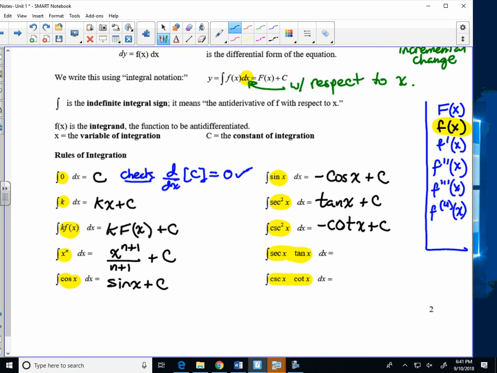What do we say? Secant x plus C. There's like an obnoxious amount of space between the secant x and the tan x. So if somebody wanted to submit that for typo bonus, I would take that. Cosecant x cotan x. What do we get there? Negative cosecant x plus C.